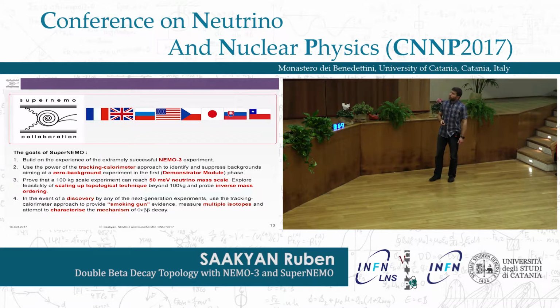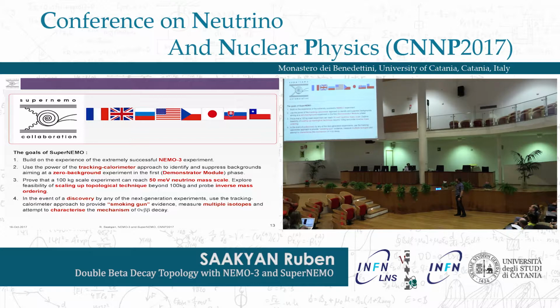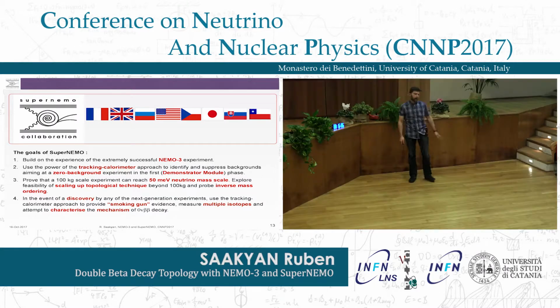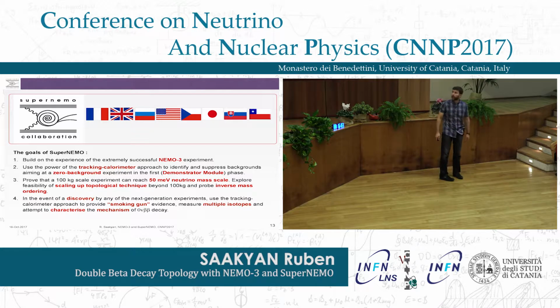Okay, so NEMO 3 essentially inspired SuperNEMO, this topological detection approach. And the main goals of SuperNEMO are listed here. So using this technique to yield a zero background experiment in the first so-called demonstrator phase, to prove that a 100 kilogram scale experiment using this topological reconstruction technique can reach 50 milli-electron volt neutrino mass scale, and then to explore the feasibility of scaling up this technique beyond 100 kilogram, and I will say a few words about this at the end.